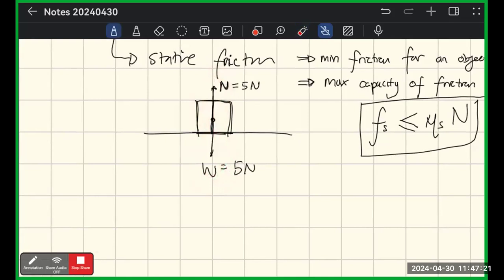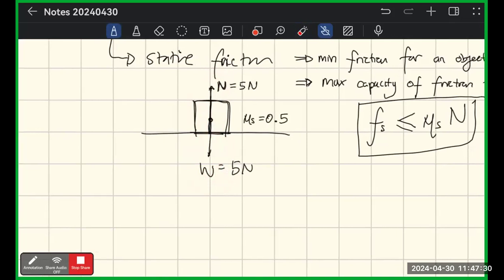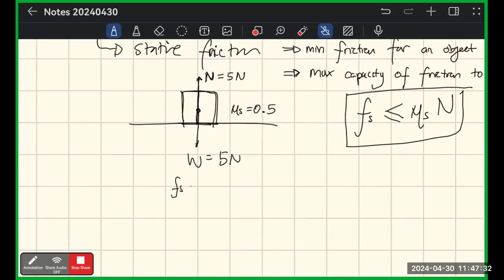If the static coefficient is 0.5, let's say, then Fs is less than 0.5 times 5, which is Fs less than 2.5.